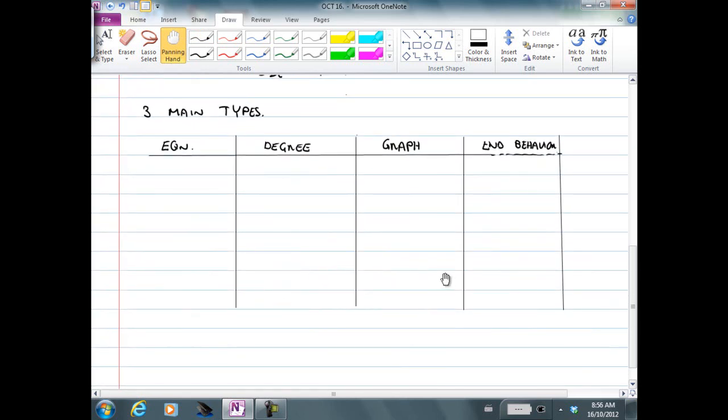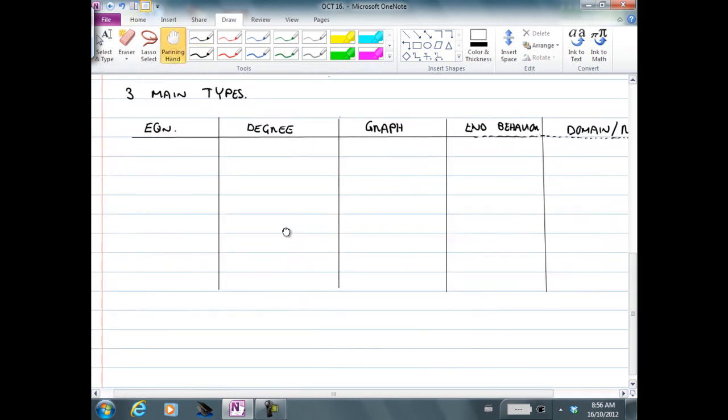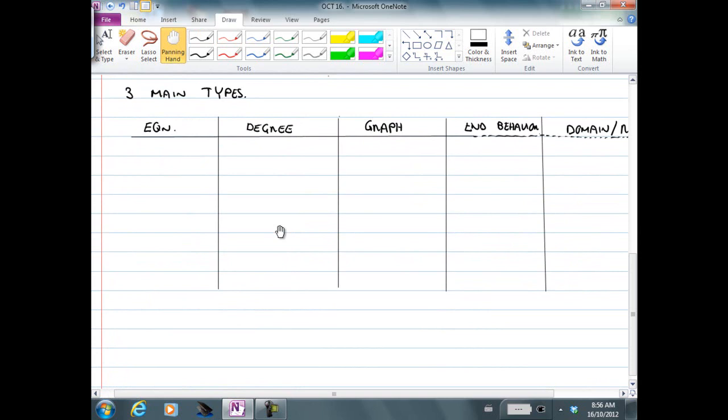Voila. Here, actually I'm going to do one more chart. This will be my domain and range. So I have a chart. I'm going to start off with a simple one that everyone learns before.